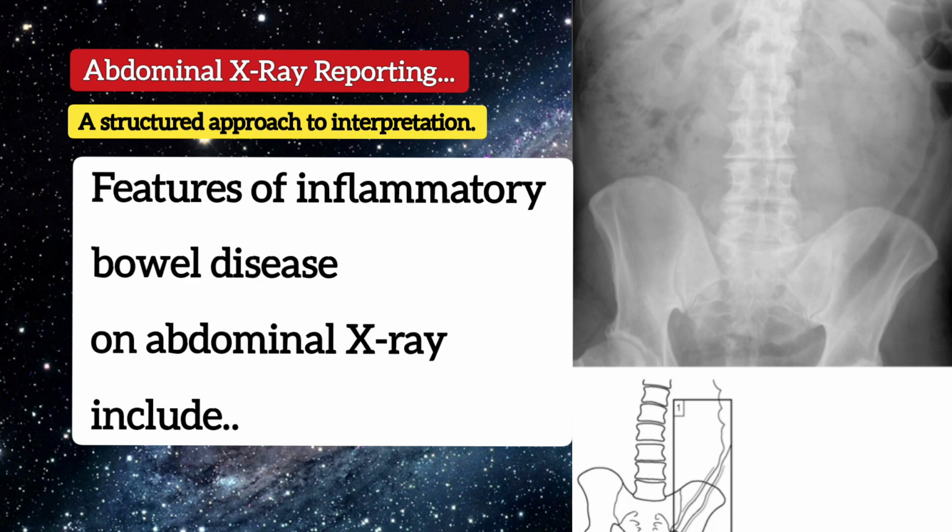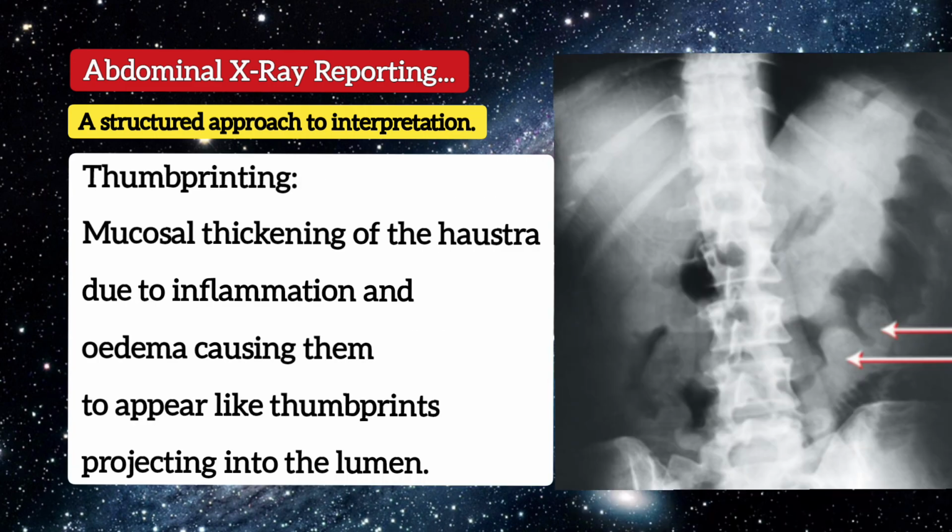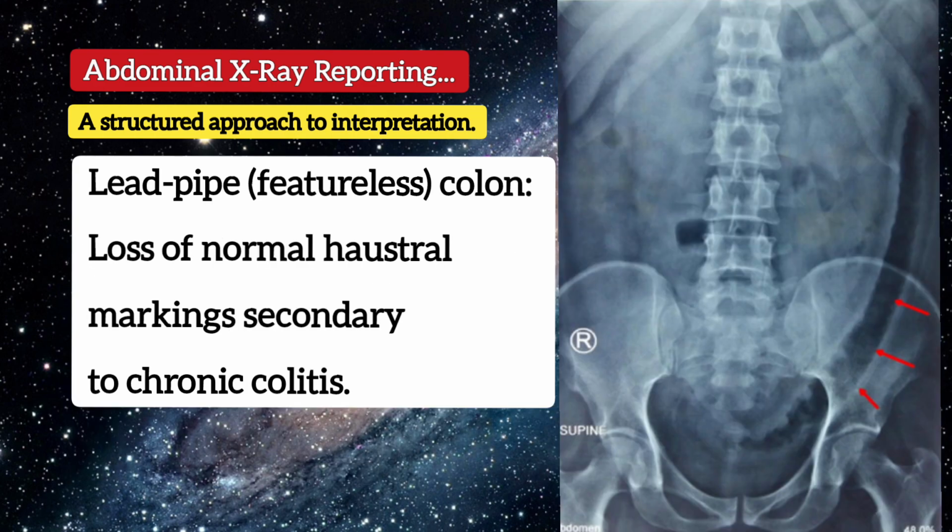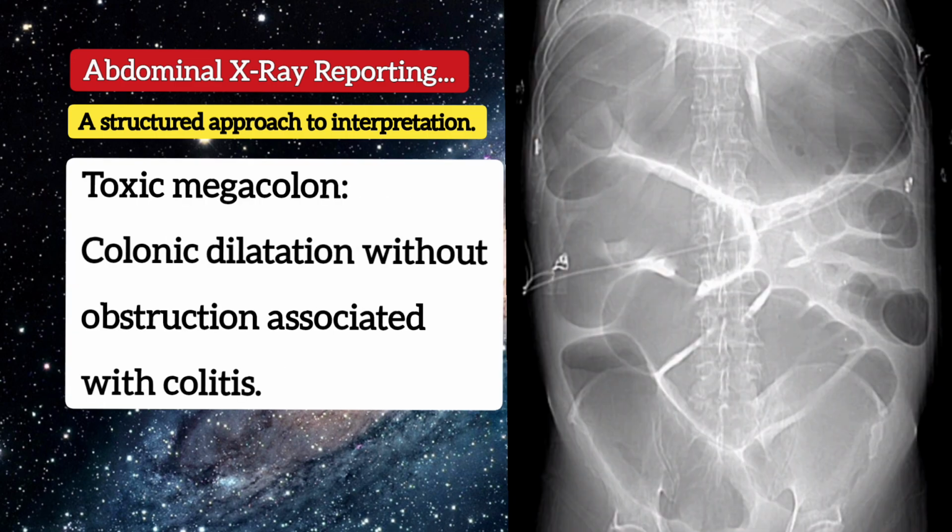Features of inflammatory bowel disease on abdominal X-ray include thumbprinting: mucosal thickening of the haustra due to inflammation and edema causing them to appear like thumbprints projecting into the lumen. Lead pipe, featureless colon: loss of normal haustral markings secondary to chronic colitis. Toxic megacolon: colonic dilatation without obstruction associated with colitis.